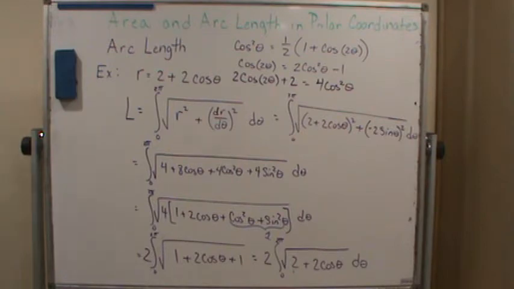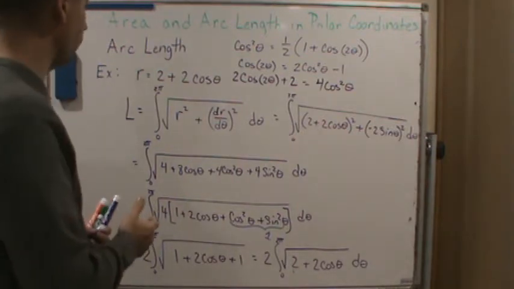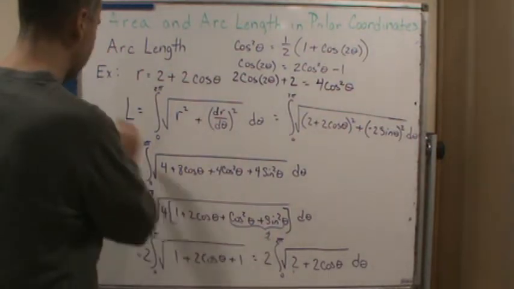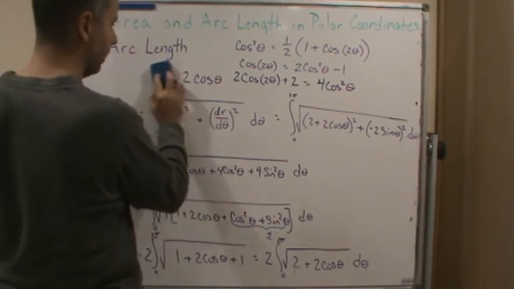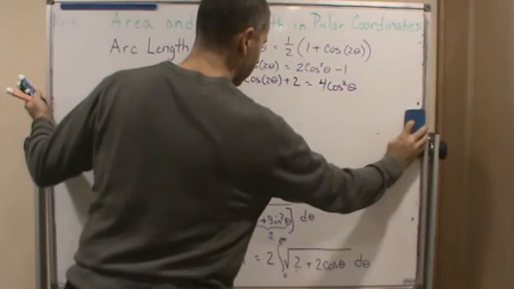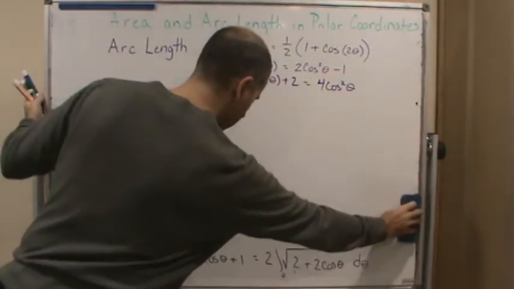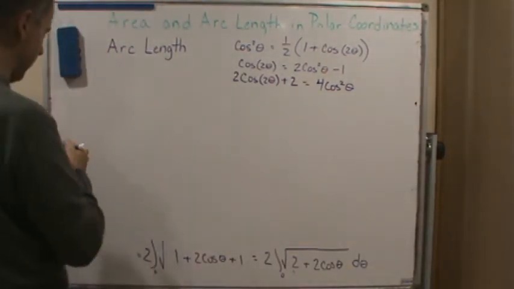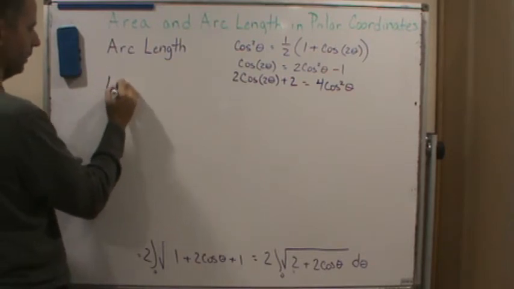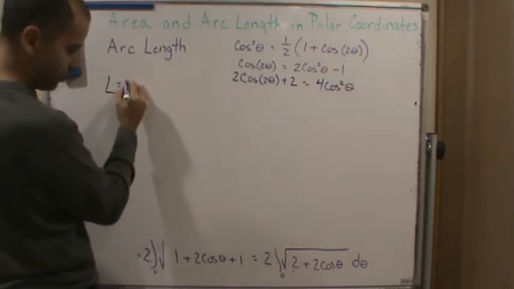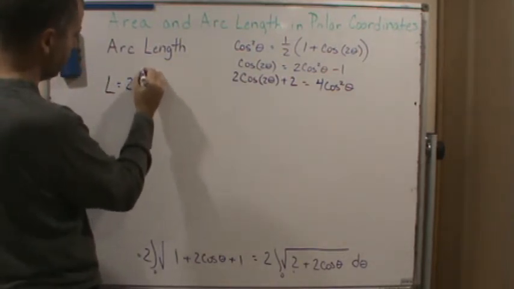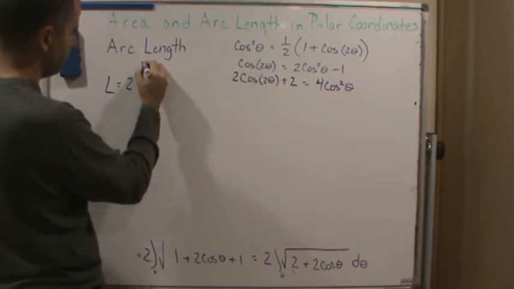So let's do that. Okay, I'm down here, so let's erase this. Now I have L equals 2 times the integral from 0 to 2 pi.